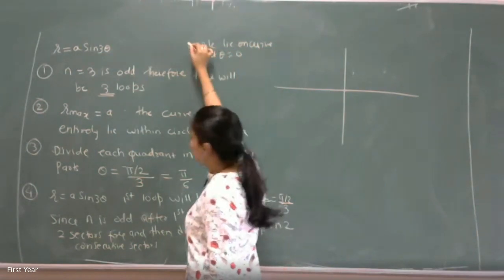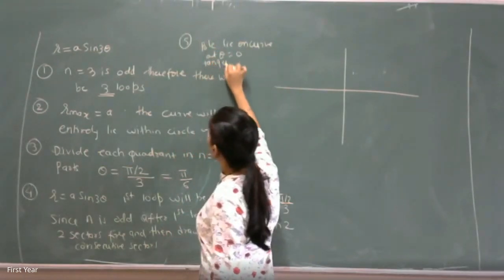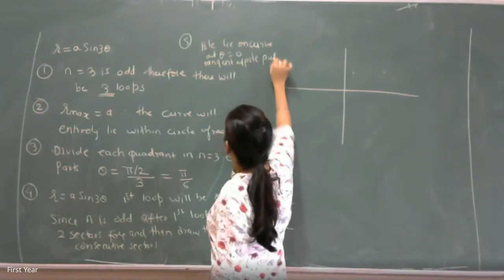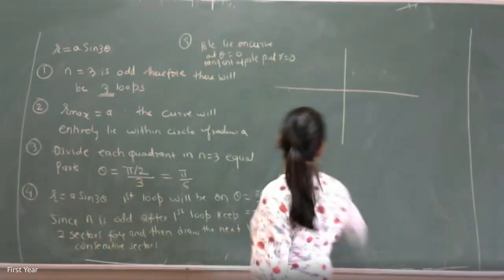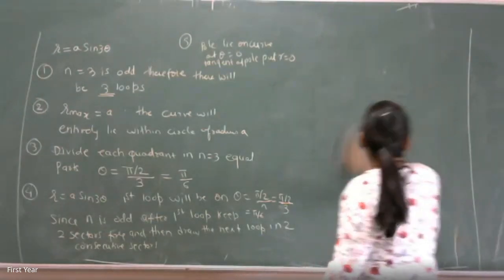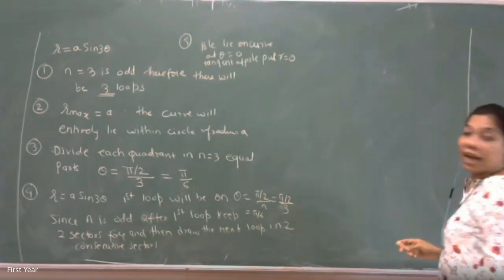And the other point, this is our 5th point, the tangent at the pole, found by putting r = 0. Let me write down that point and then draw it. I'm doing this because it will be asked in your MCQ: find the tangent at the pole.